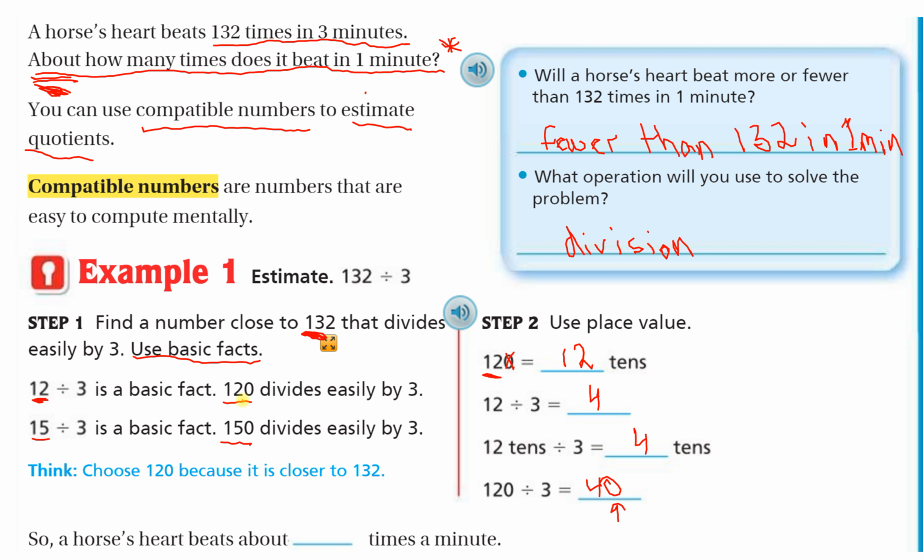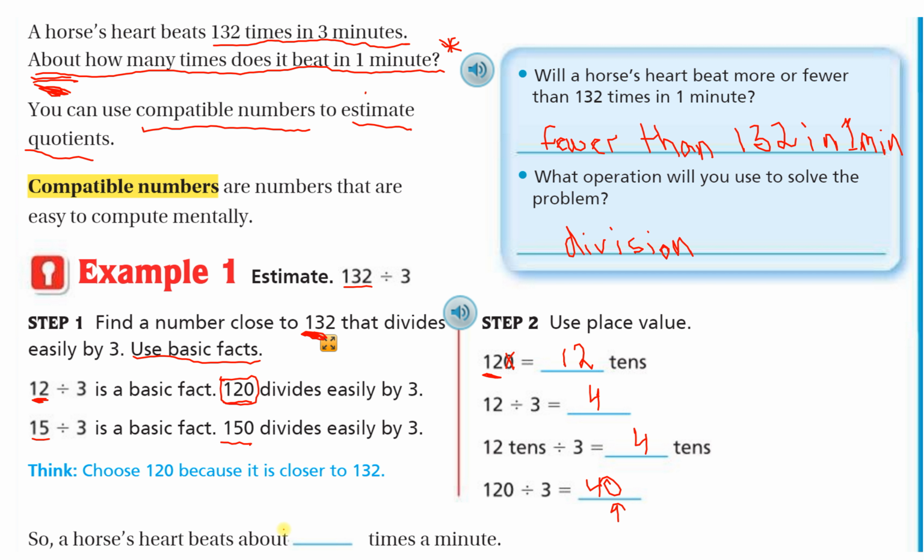Why would 120 be a better estimate? Simply because 120 is only 12 away from 132, and 150 is 18 away from 132. So 120 is closer to the exact number that we were dealing with, so it should be a closer estimate to our exact answer if that's what they were asking us to find.